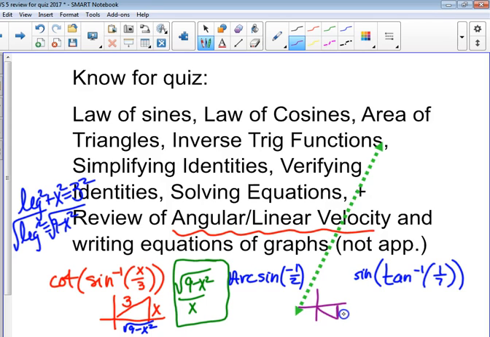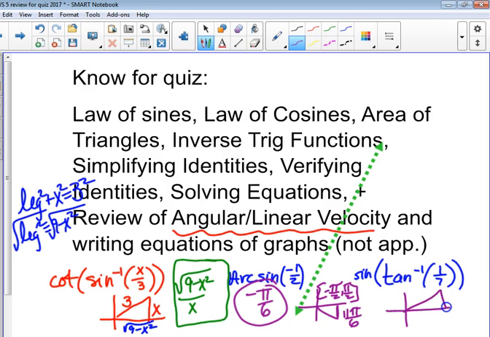We need this answer, but we can't call it 11 pi over 6 because remember the restricted domain was -pi/2 to pi/2. So we had to call it -pi/6. You can use your colored unit circle, which is already renumbered with those negatives. Everybody okay?